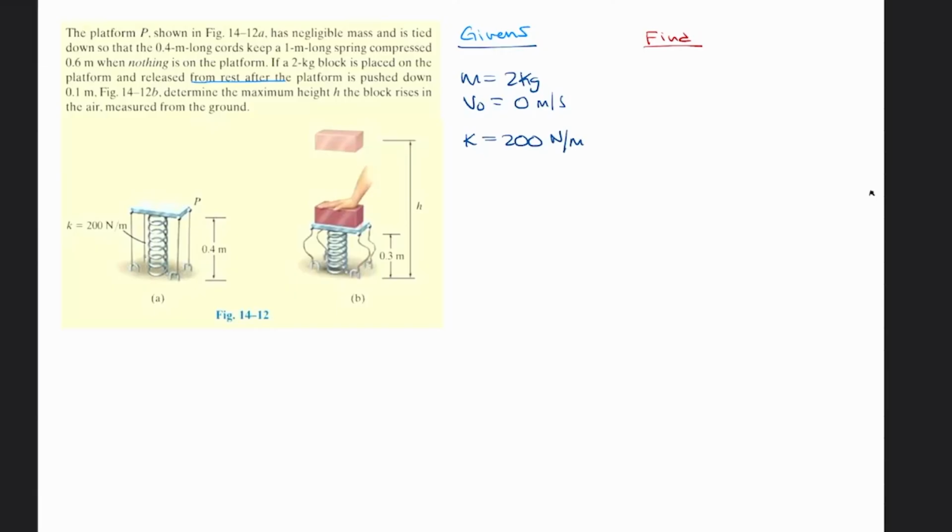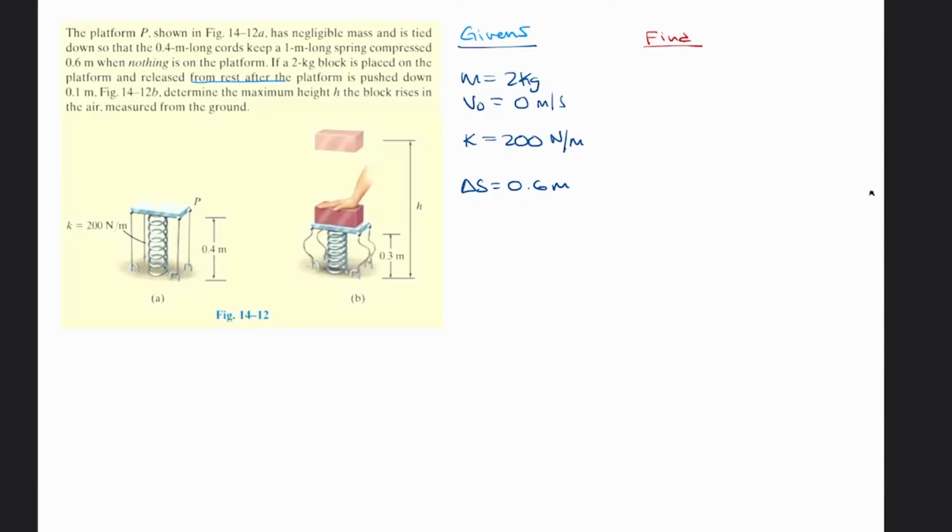We have that the spring is compressed 0.6 meters. Remember, the spring measures 1 meter, but it's compressed 0.6, so it measures now 0.4.